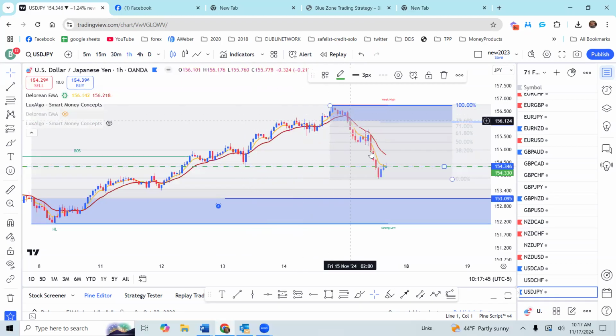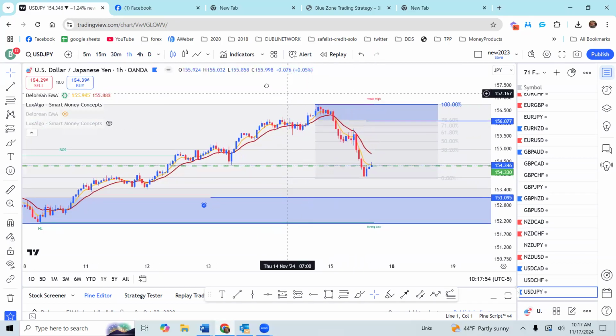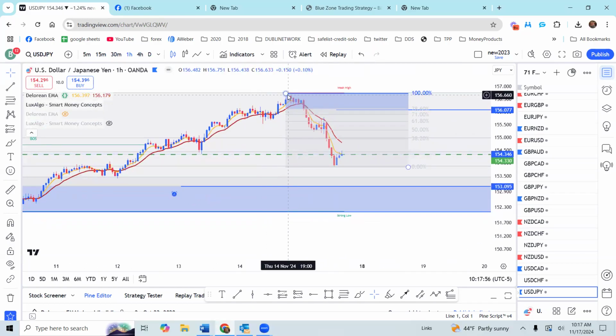But once you get this move down that closes below this change of character area right here, then what you can do is measure a lower time frame fib on the 1 hour chart from this swing high to this swing low, which is what we did here.